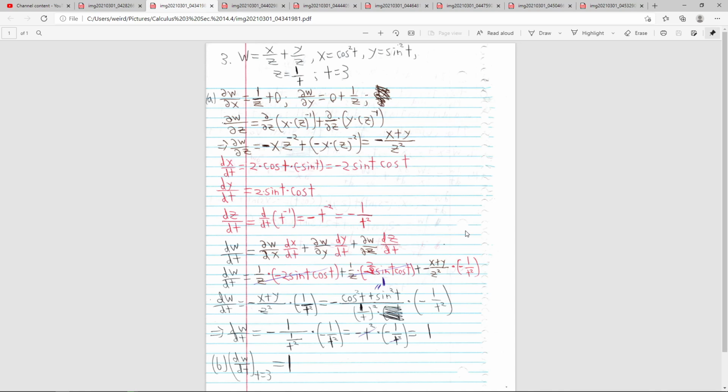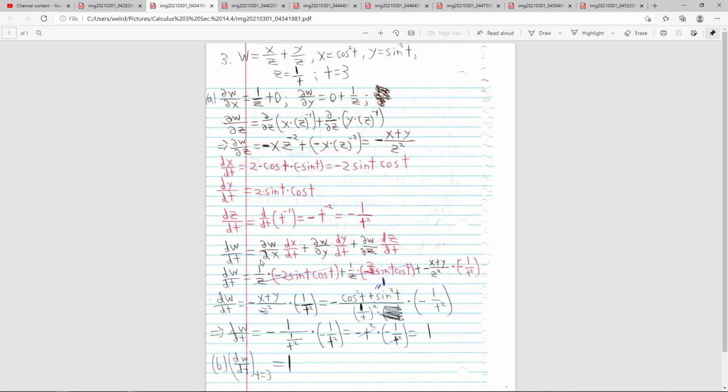In general, I think the way to remember it is, in the end, you want everything to be in terms of t. In this case, you want dw/dt, and x, y, and z are kind of like intermediate variables, as it says in the book. You basically are always going to have dw/dt when you're looking for it.